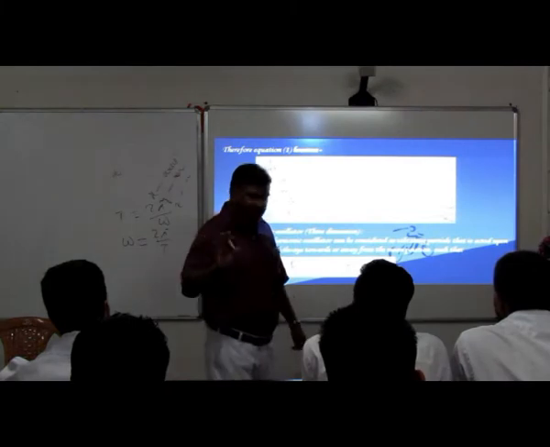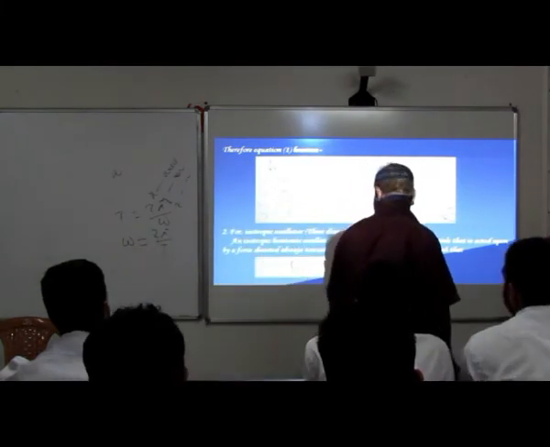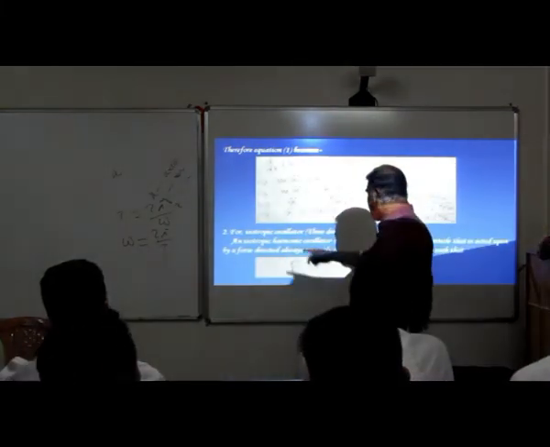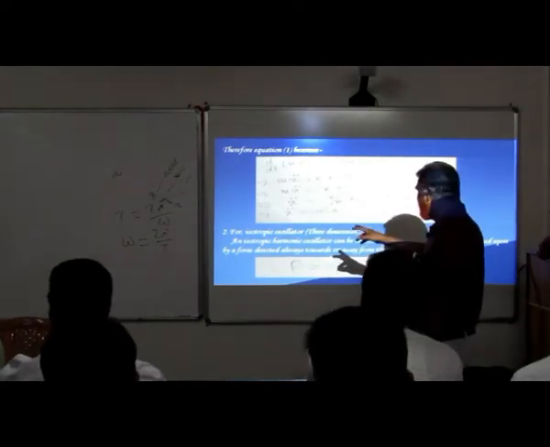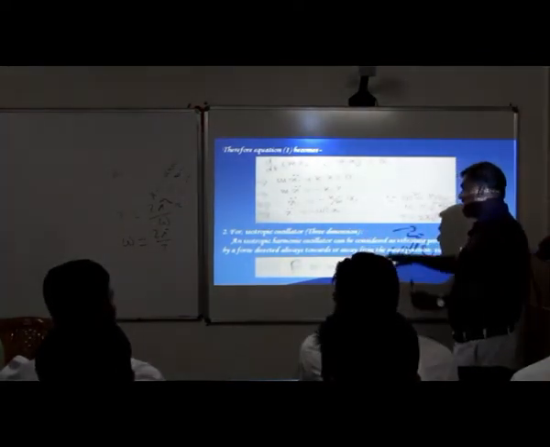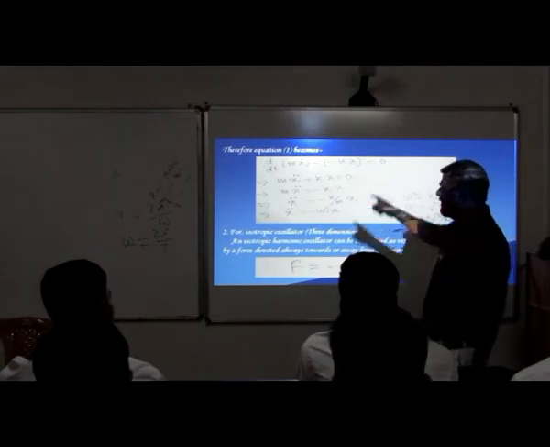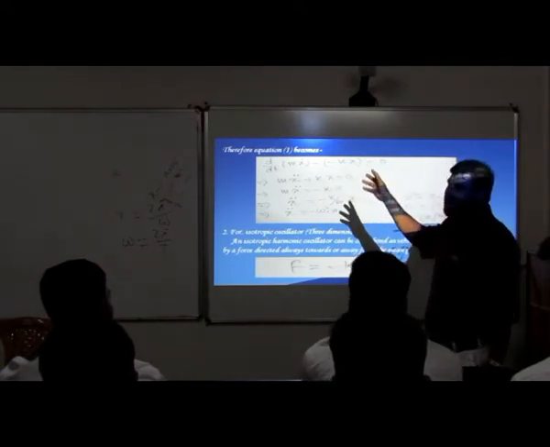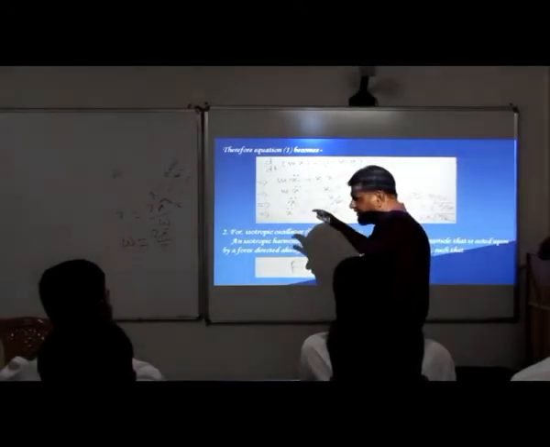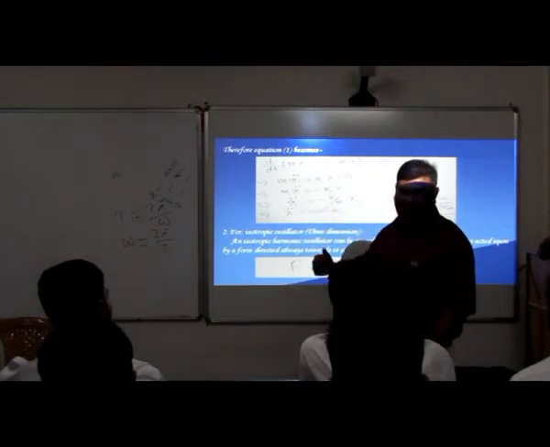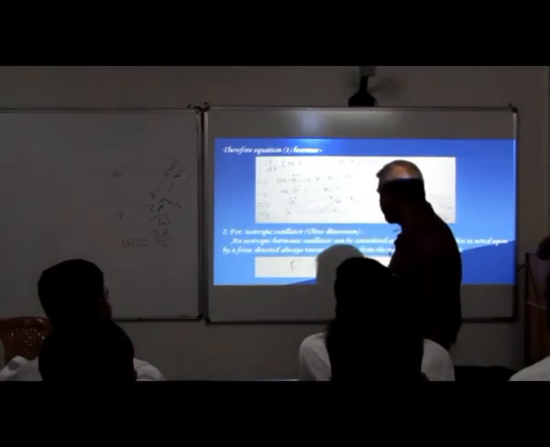Okay, any doubt? Next, we can apply it to the isotropic oscillator, that is, in the case of 3 dimensions. What we discussed above is the 1 dimensional case, and this can also be extended to the 3 dimensional case.